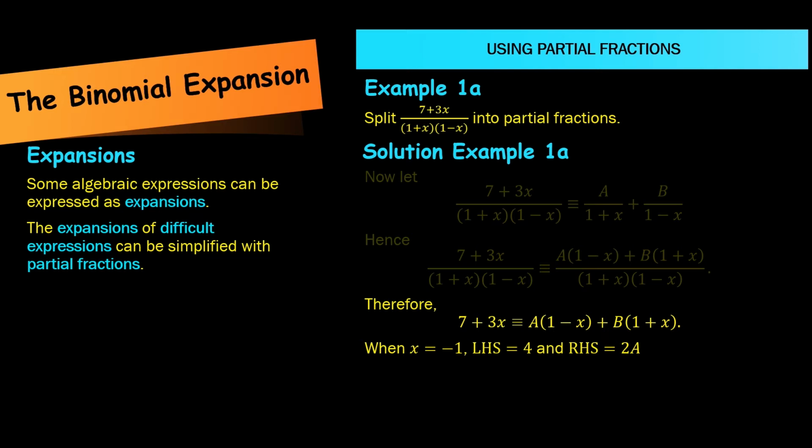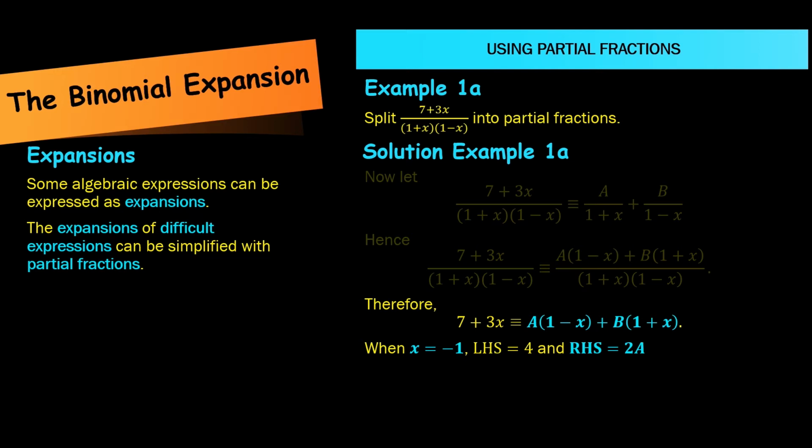Begin by letting x equal minus 1. When we plug in x equals minus 1 in the left-hand side, we obtain 4. When we plug it into the right-hand side, we obtain 2a. And of course the b term now disappears.